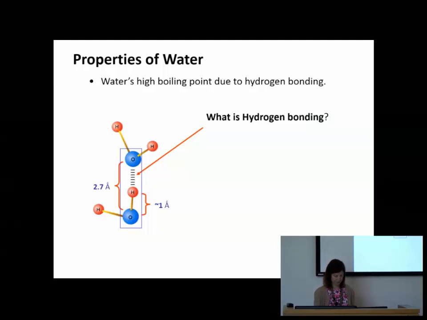So what is hydrogen bonding? There's two things. One, you have a hydrogen covalently bound to an electronegative atom. Hydrogen bound to what? An electronegative atom. So in our case, oxygen or nitrogen.